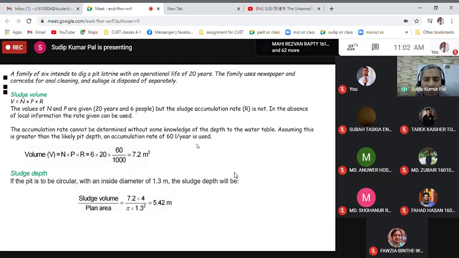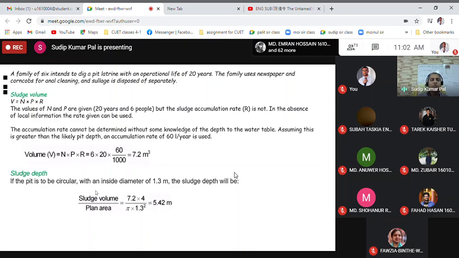So let's say we use 60. Then the volume of sludge will be P times N times R, where P is 6, N is 20, and R is 60 liters per capita per year. This can be converted into cubic meters by dividing by 1000, so it becomes 7.2 cubic meters.